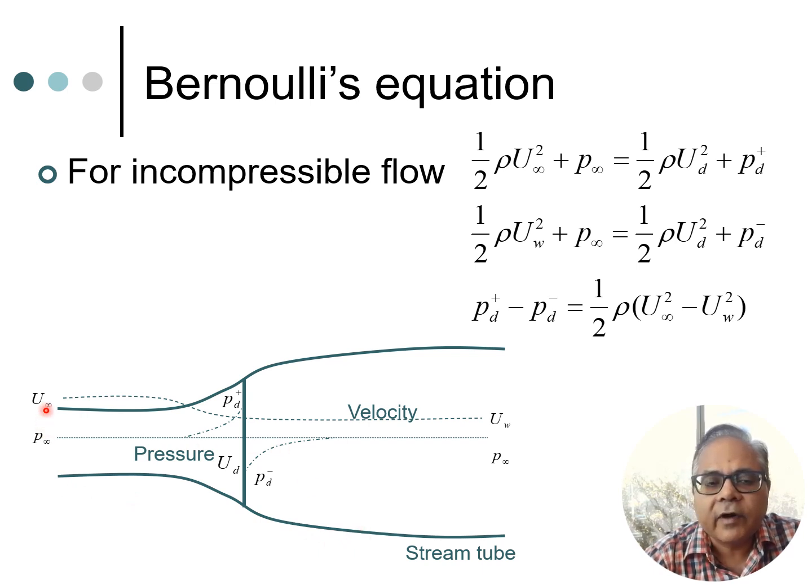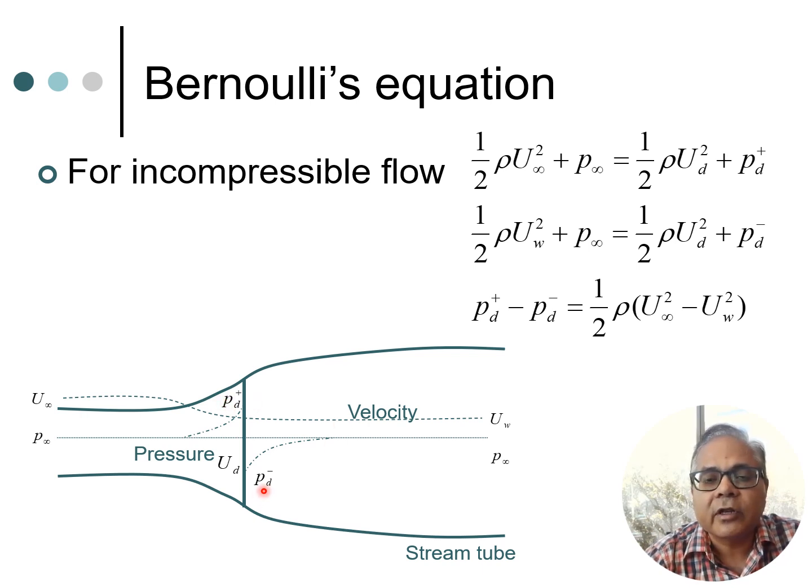We take far in front of the actuator disc, and that's the region where you have u infinity and p infinity. So we can write the Bernoulli equation as half rho u infinity square plus p infinity, equal to, in front of the rotor disc, half rho ud square plus pd plus. Remember, pd plus is the pressure just in front of the rotor disc.